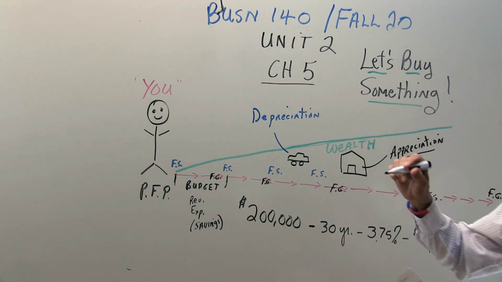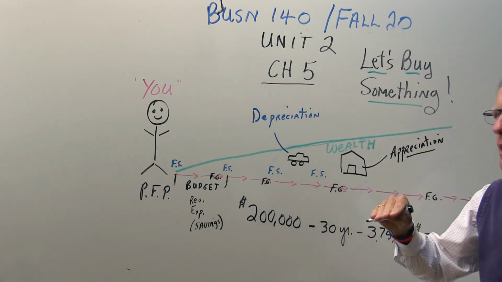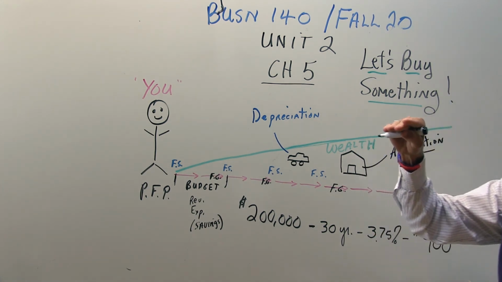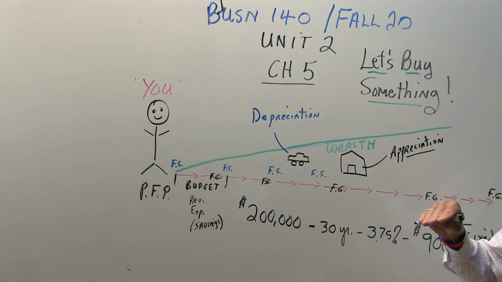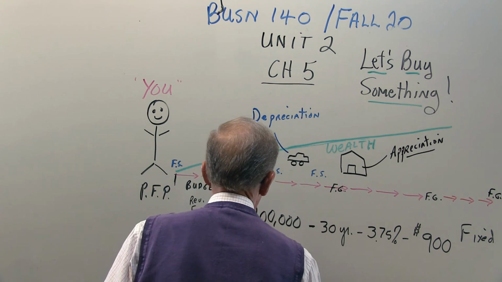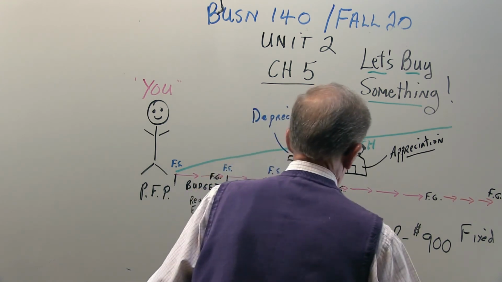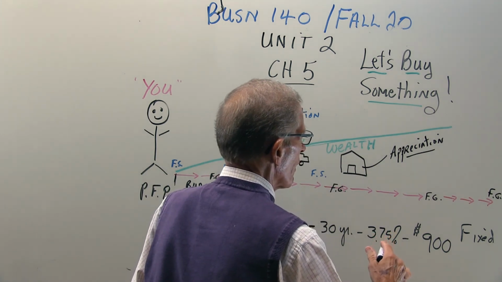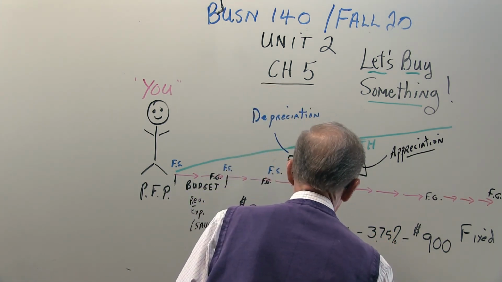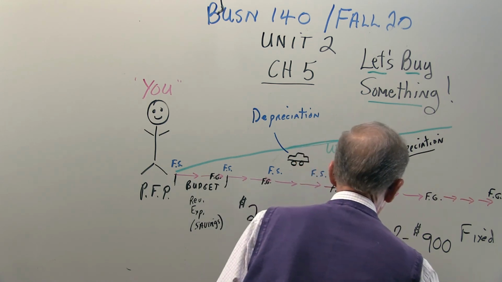Okay, you can also borrow with what's called an adjustable rate mortgage. And that means that the interest rate adjusts based upon changes in the market interest rate. So I'm going to borrow $200,000. I'm going to borrow it for 30 years, but I have an adjustable rate.